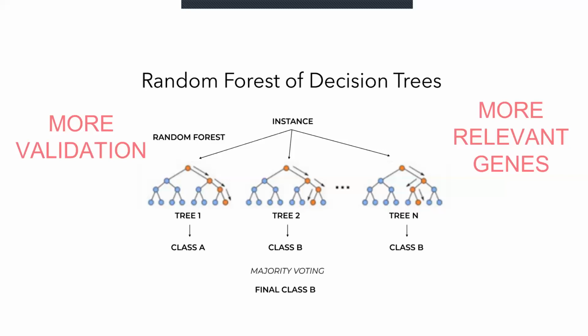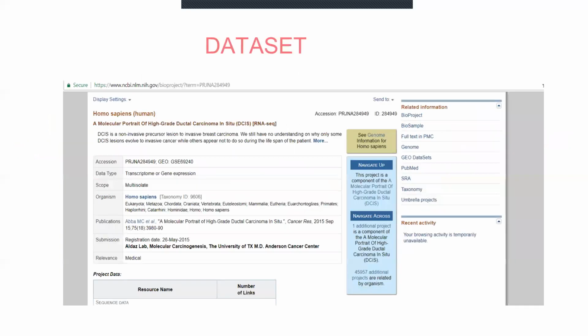So this would be a theoretical basis of the analysis that we'll be doing today. We'll use the same data set from ductal carcinoma in situ samples. You have the name of the publication here, molecular portrait of high-grade ductal carcinoma in situ. So it's still the same gene expressions, it's the same data set we used last time.